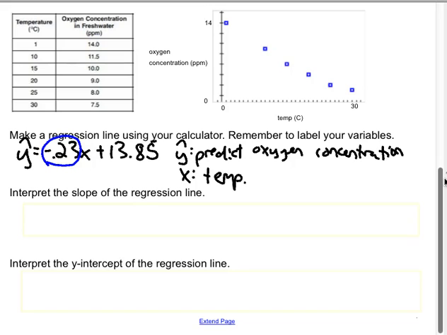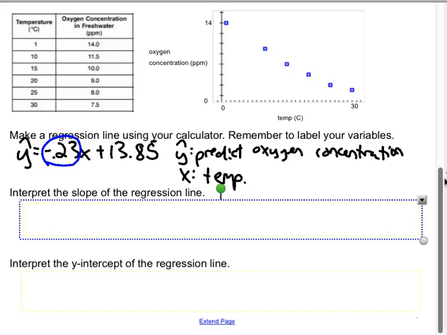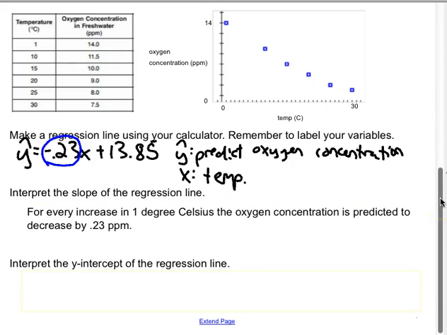So if the temperature increases by 1 degree Celsius, the oxygen concentration decreases by that 0.23. Oh, I'm sorry, I never put in that command. So for every increase of 1 degree Celsius, the oxygen concentration is predicted to decrease by 0.23 ppm.